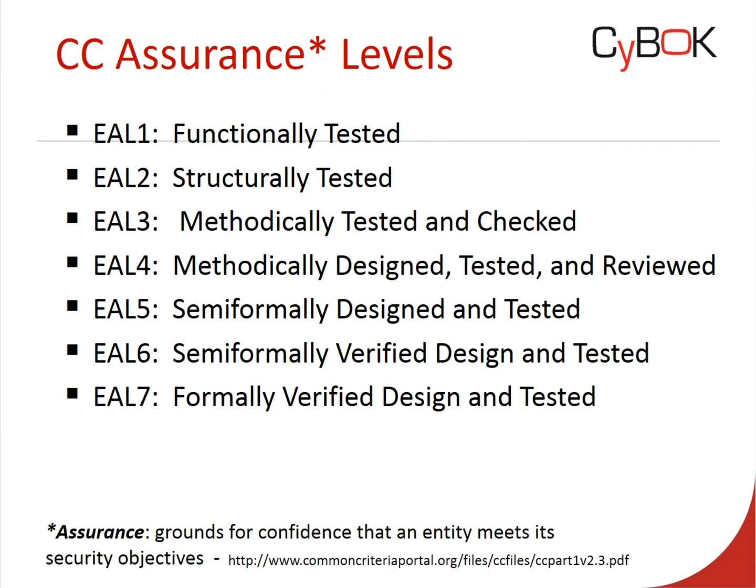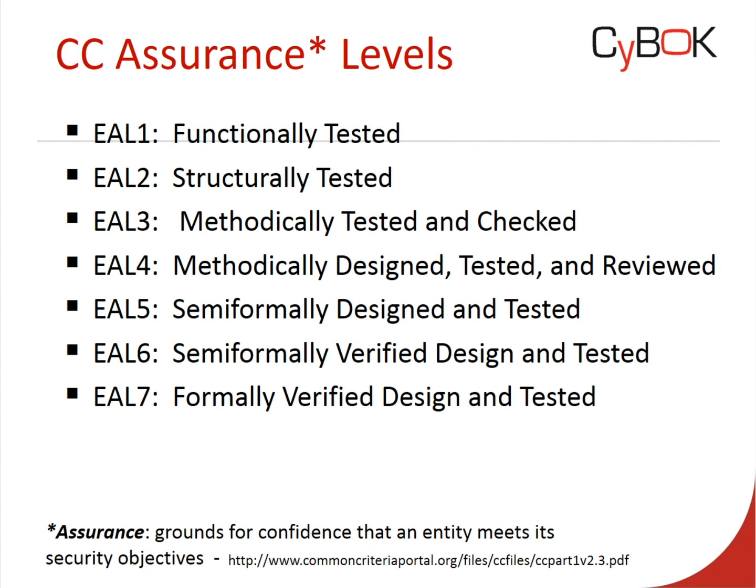And these are the different levels. It starts out at the lowest, EAL1, functionally tested, which means mainly functionally tested, with not as much security analysis or security threats tested. It goes up with the level of testing and focus on security at the different levels.